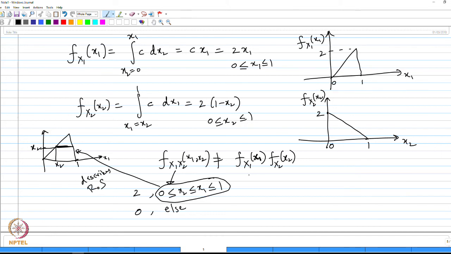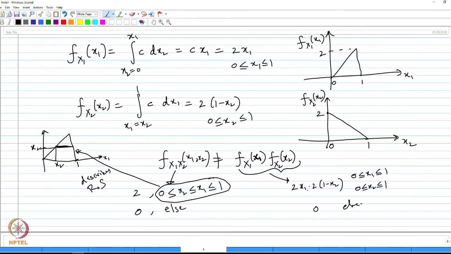Now what about this product? This product on the right hand side, what will it look like? Okay, so this will look very different. This will be 2 times x1 times 2 times 1 minus x2, for any x1 between 0 and 1 and any x2 between 0 and 1, and 0 else.